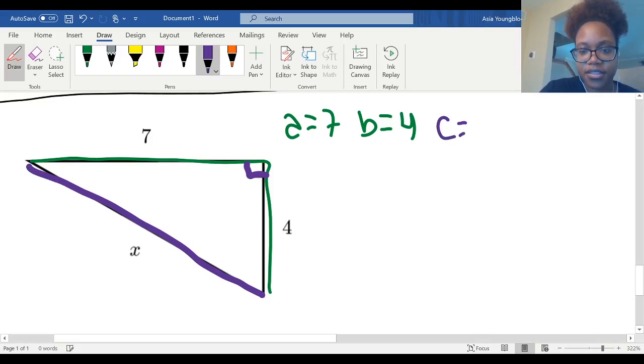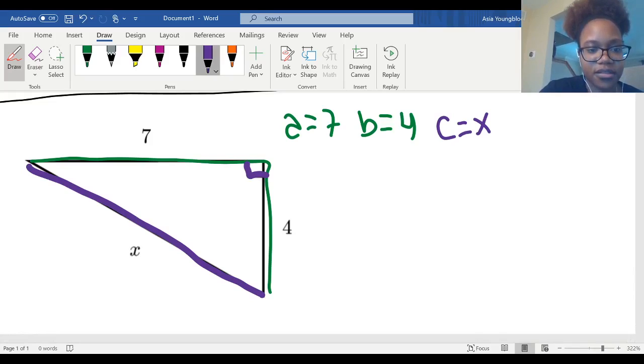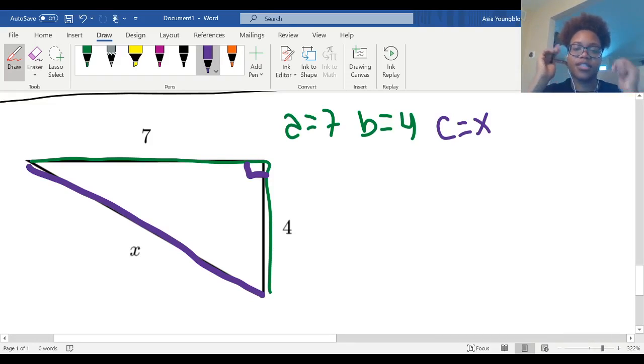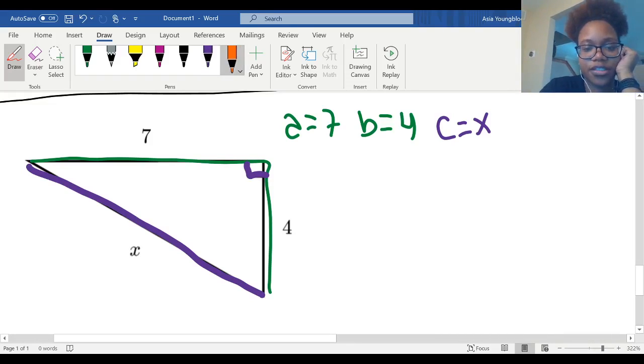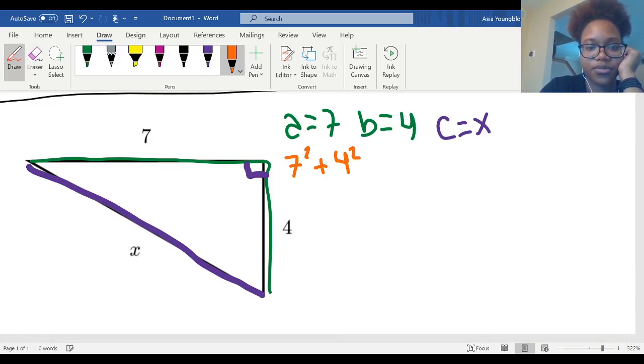So C equals x. Now we're going to write our equation. 7 squared plus 4 squared equals x squared.